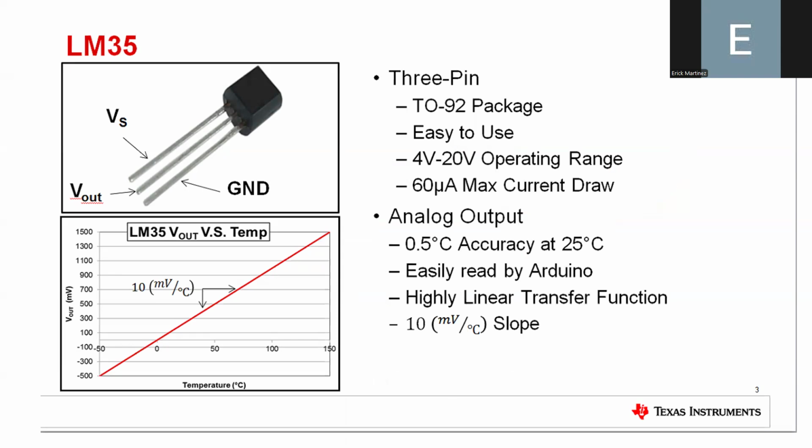In fact, it has a linear slope that is described by this value that is 10 millivolts per degree Celsius. So there is a proportional change between the change in temperature and the change in the output voltage supplied by the sensor. Also, another advantage of this sensor is that it has a very low power consumption and that the transfer function of the sensor is linear. So there is another advantage of the sensor.